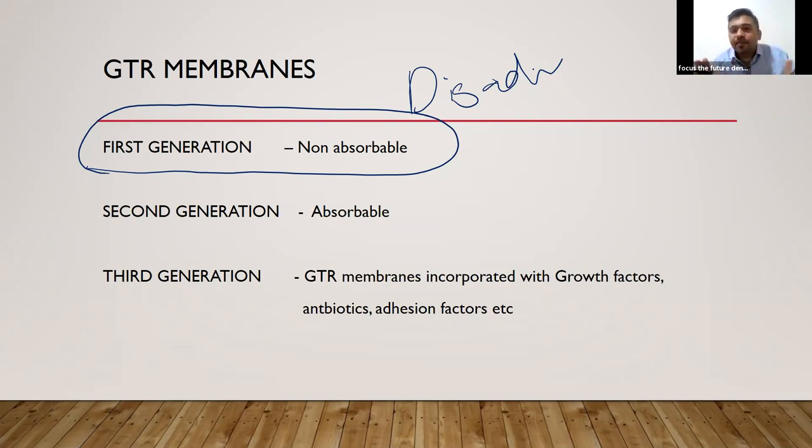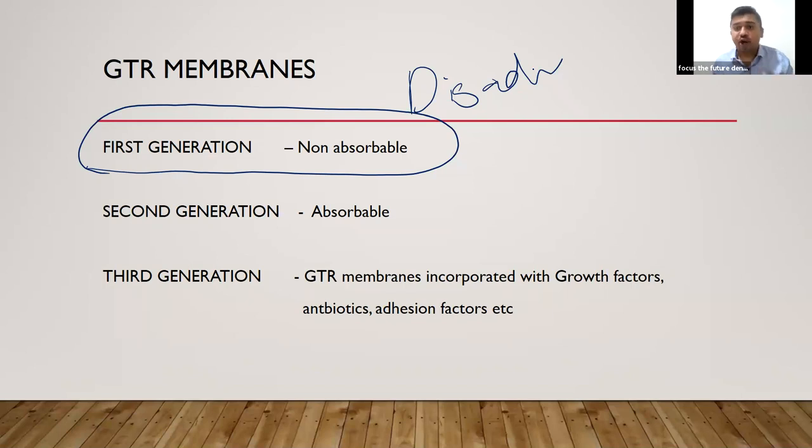You place this membrane and close the wound, and you expect the bone to form, a new periodontal ligament, everything to form. But the problem is the patient will have to undergo a second surgery. Why? You cannot leave that membrane inside like that because it is not resorbable. So you need a second re-entry into that surgical site. Is it ideal for a patient? Is it patient compliant?